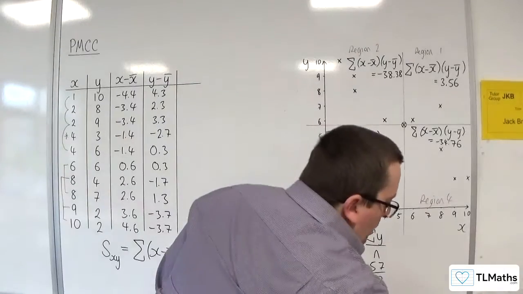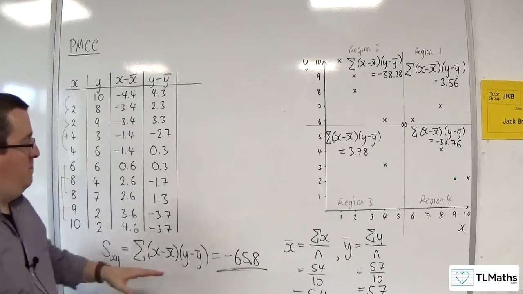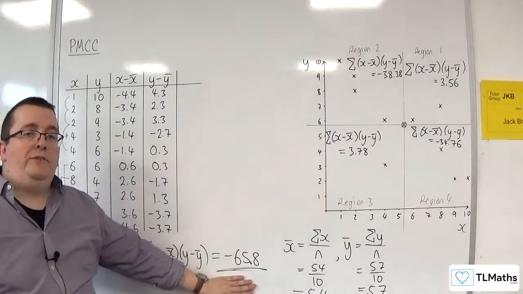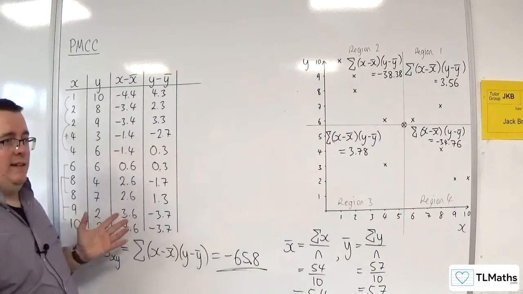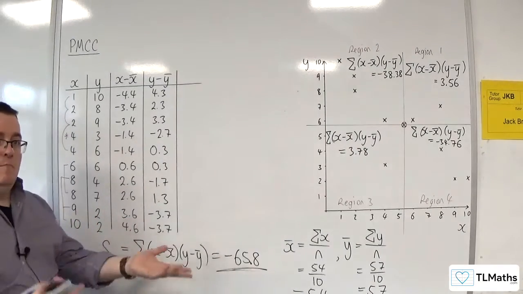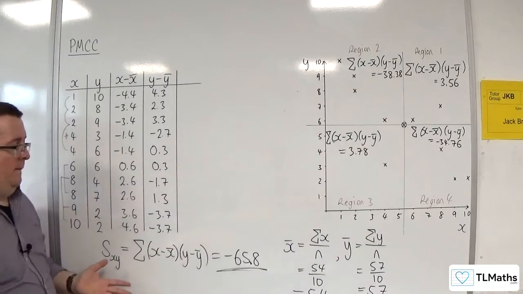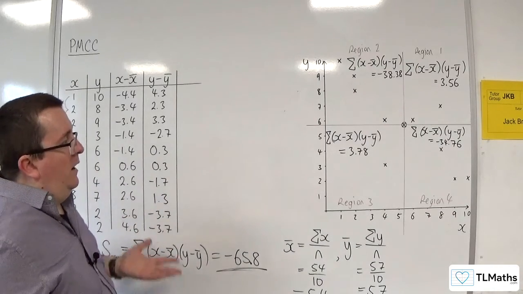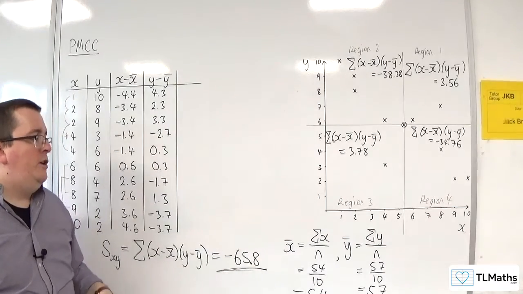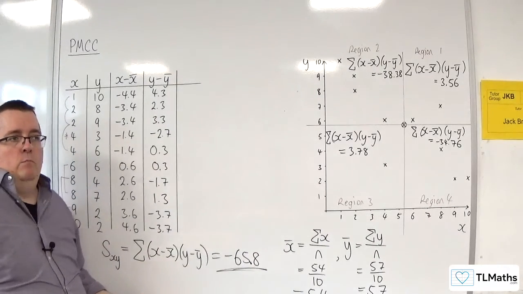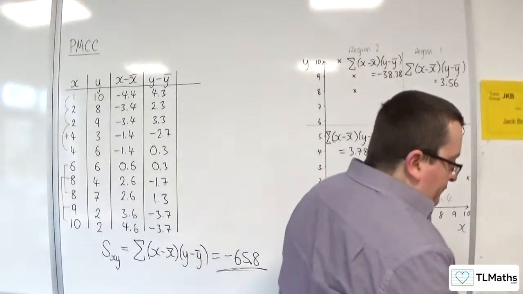So actually what I would get for my SXY is minus 131.6. Now, if I'm comparing these two sets of data, I should get the same correlation value or coefficient. But actually I'm getting something different. I'm getting something that is much larger and more negative than this one, which you might then infer means that it's more negatively correlated, but it's not. So that's the first problem.